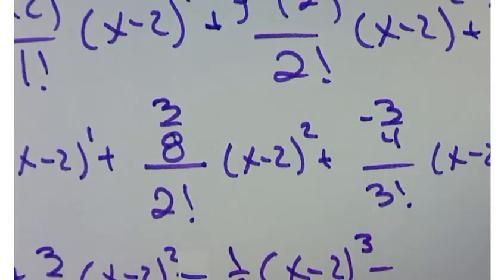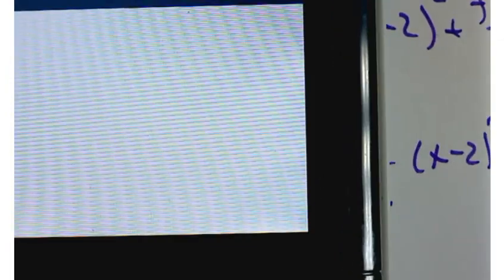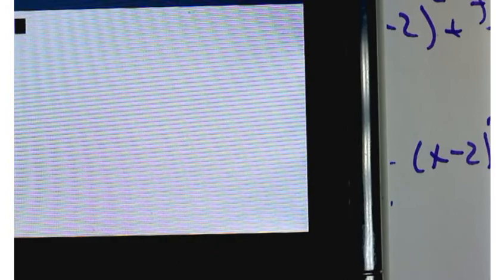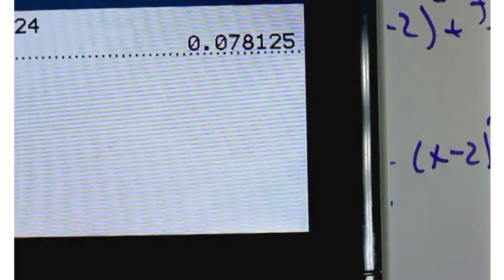And the last one, you invert and multiply. Let's see what's going to happen. 15 divided by 8 divided by 24.